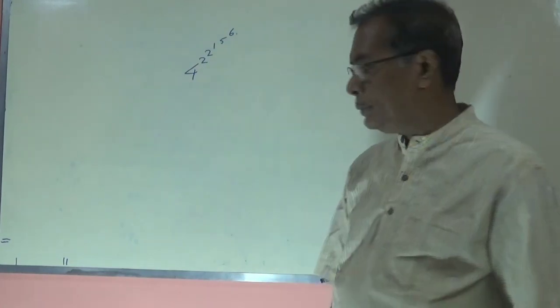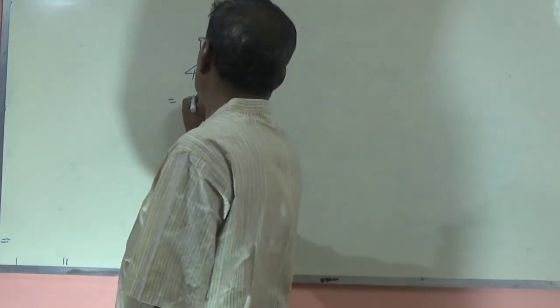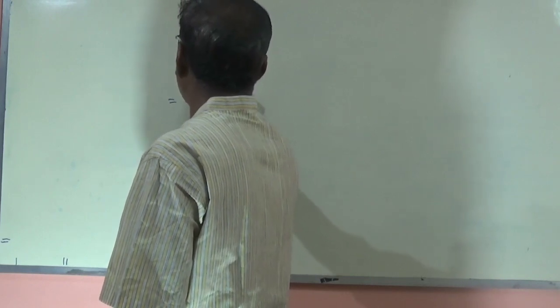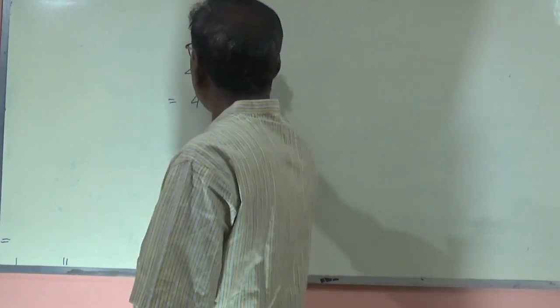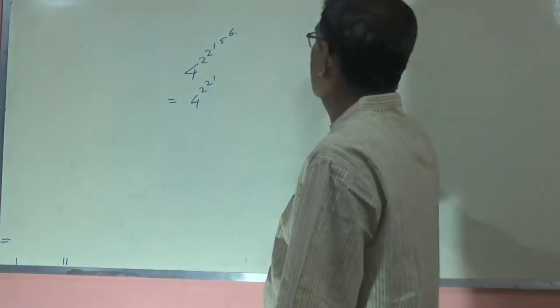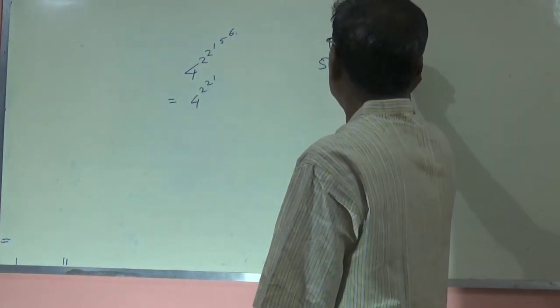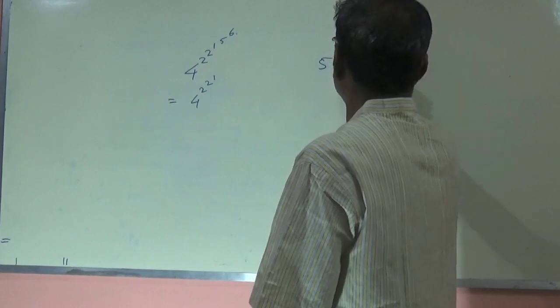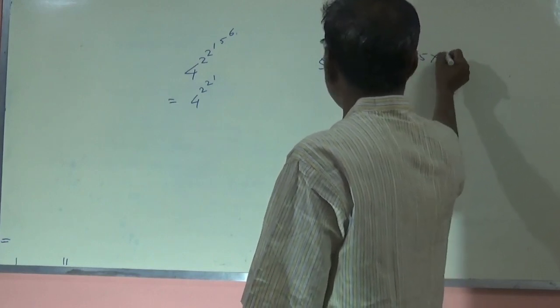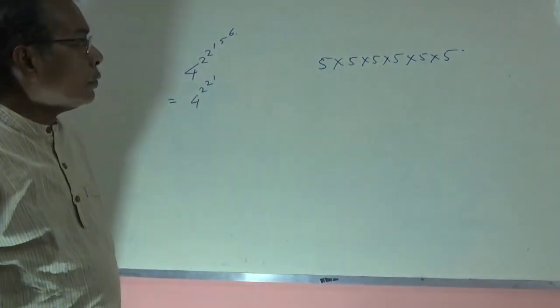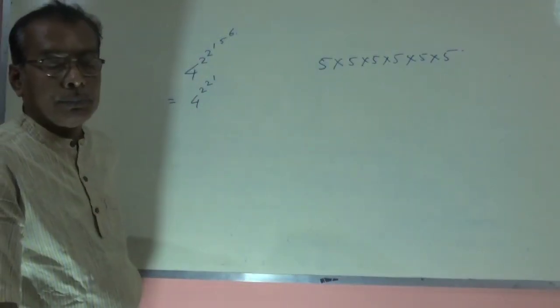Okay, how will you find it? This one is equal to 4 power 2 power 2 power 1, and obviously 5 power 6. What is the value of 5 power 6? It means 5 into 5 into 5 into 5 into 5 into 5, six times.